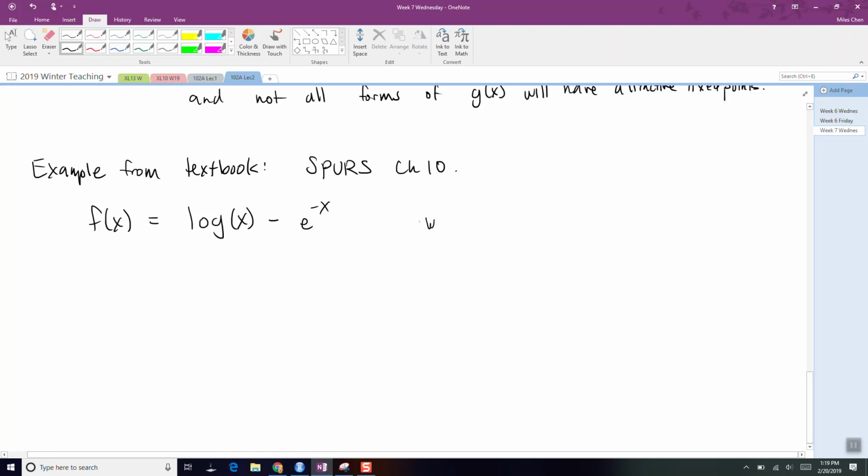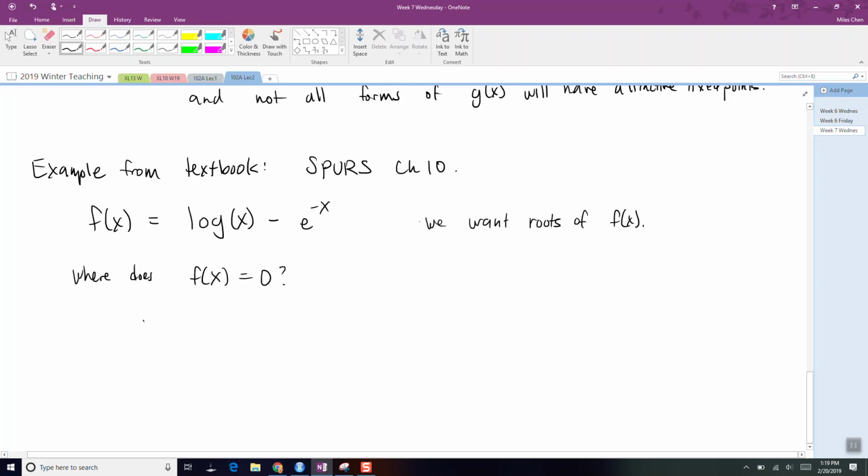And we want roots of f of x, okay? So where does f of x equal 0?